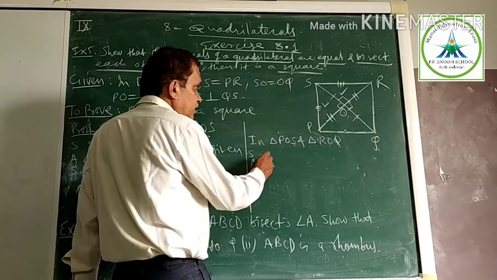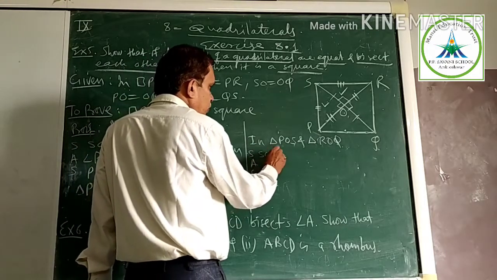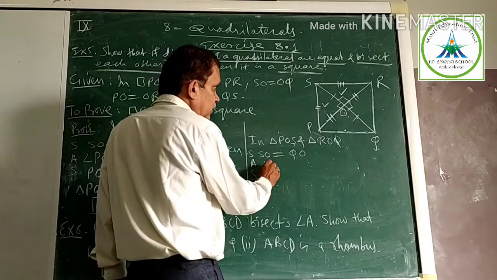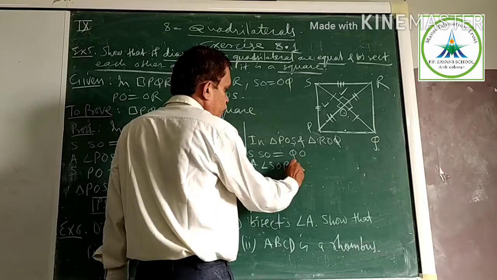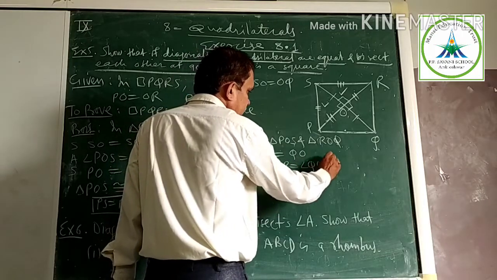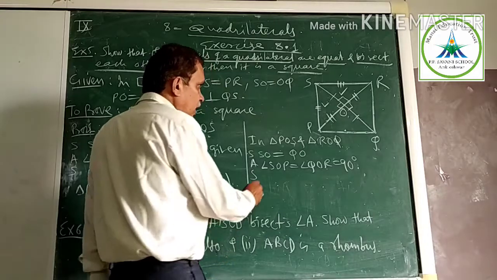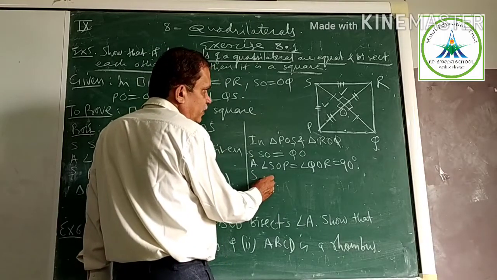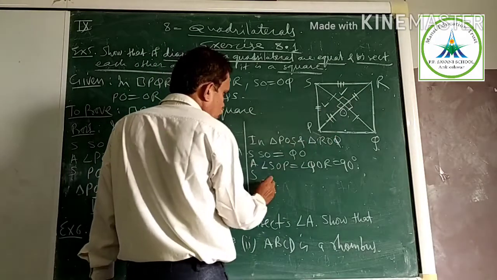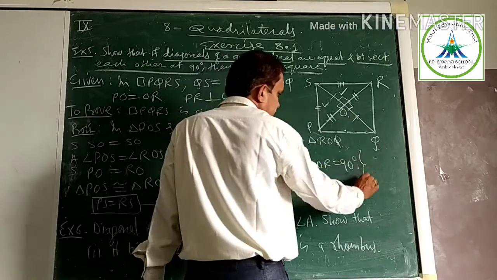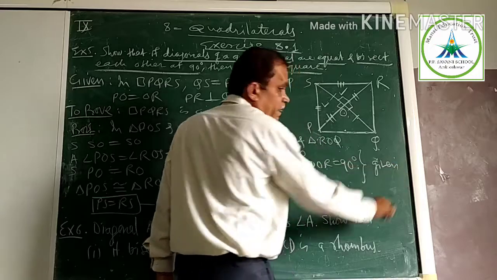SO equal to QO, angle SOP equal to angle QOR equal to 90 degrees, right? And which side is left? PO equal to RO. All these things are again given to you.